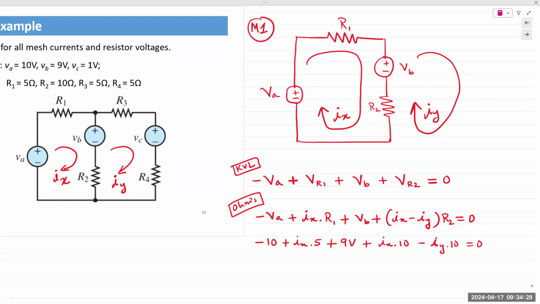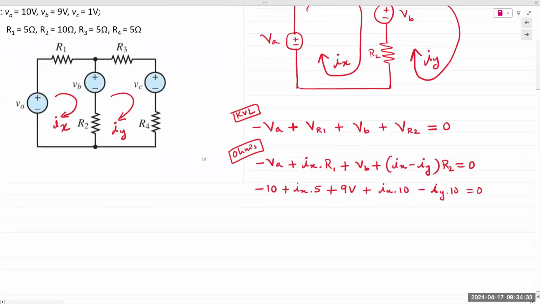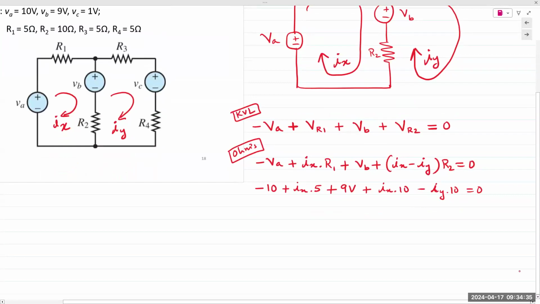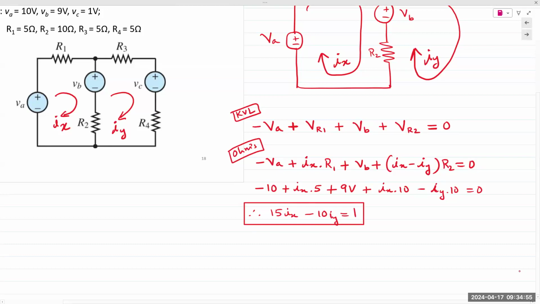Rearrange the terms and reduce it to the form of AX plus BY equals to C. So I have 15 times IX minus 10 times IY equals to 1. And I will label that as equation 1.